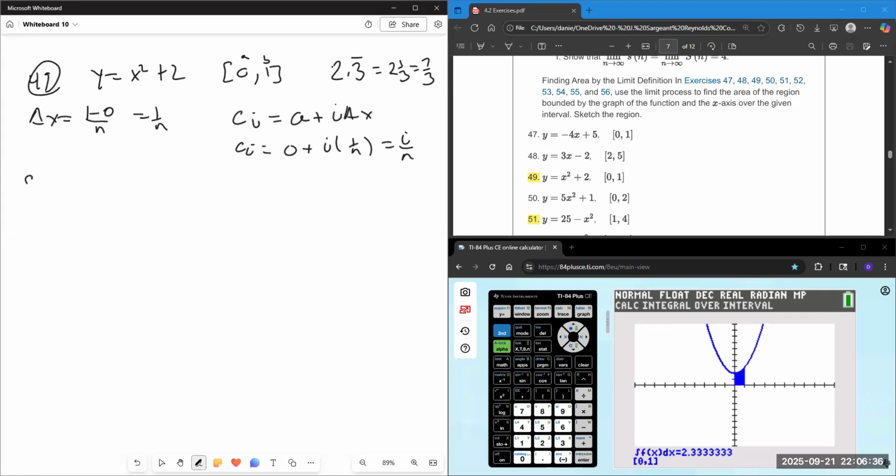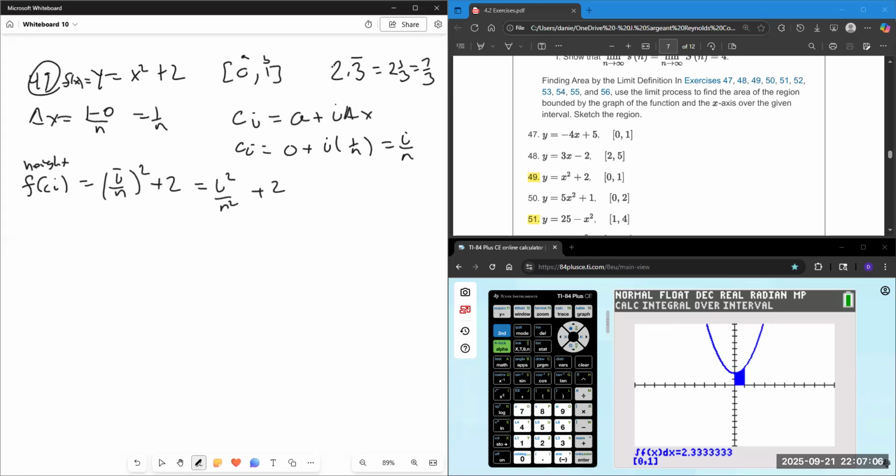So my f of ci, let's call this f of x, will be my height here. At ci, it is going to be i over n squared plus 2, which is i squared over n squared plus 2.